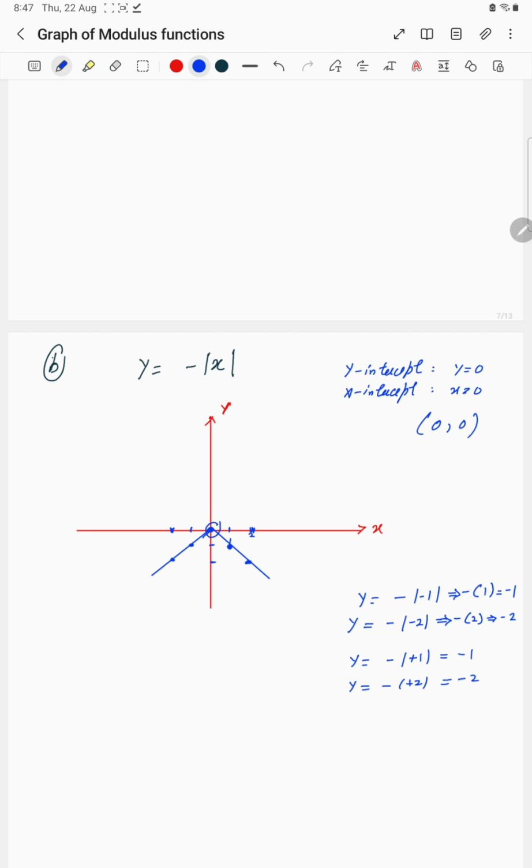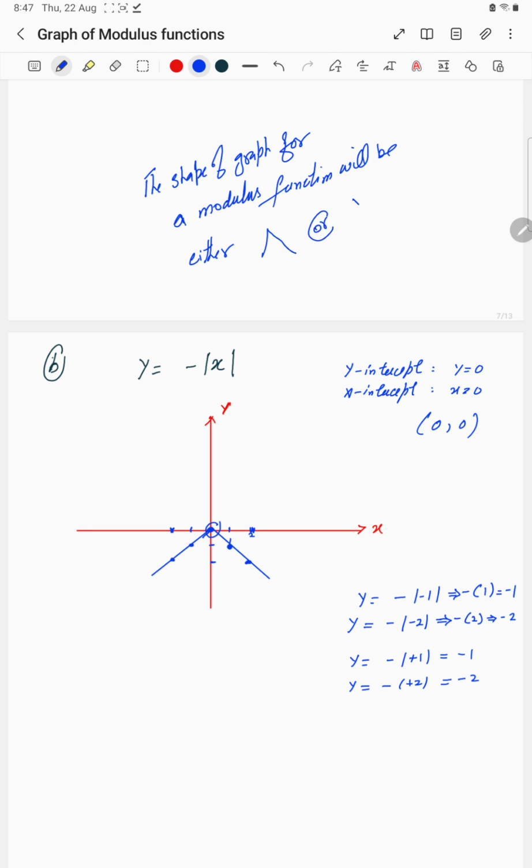So, so far we have understood one thing: the shape of modulus function, the shape of graph for a modulus function will be either cap down or cap up, right?